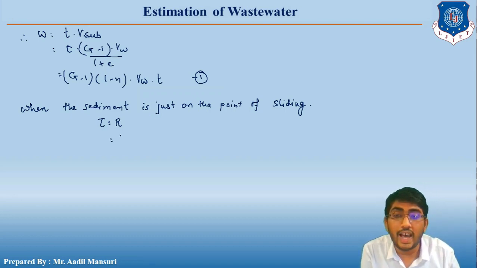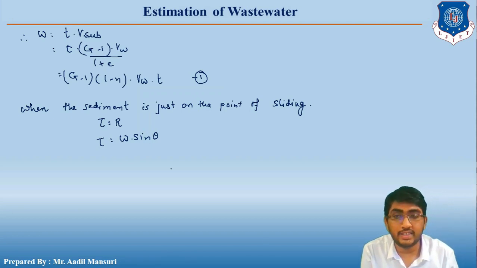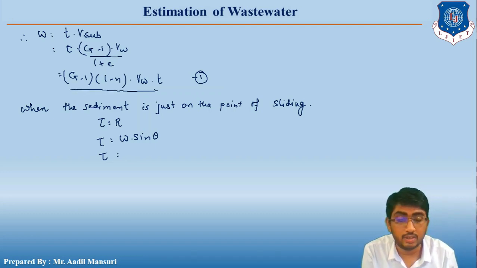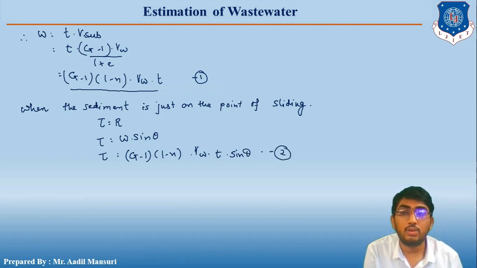So we know that R is equal to W sin theta, and tau is the resisting force. So therefore tau will be equal to, in place of W I am writing this equation, (G minus 1)(1 minus N) gamma W into T into sin theta. Name this equation as number 2.